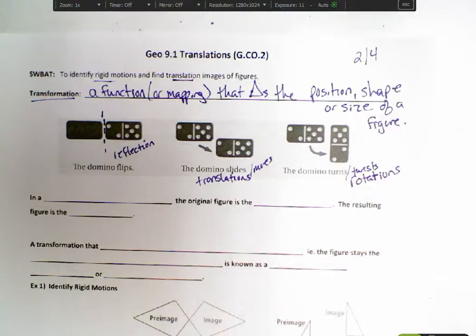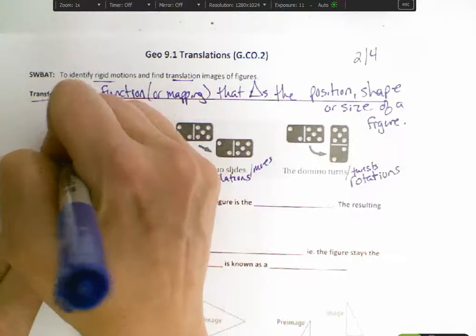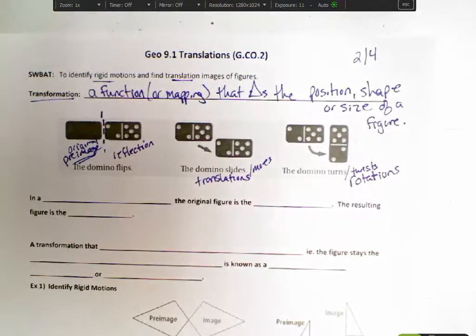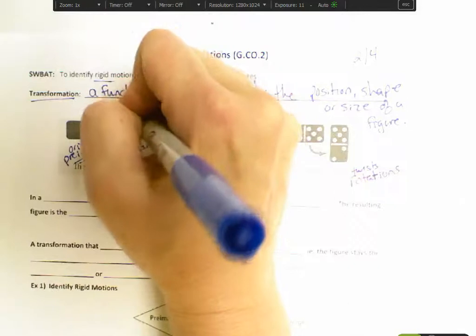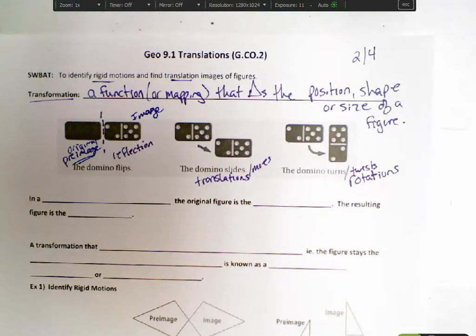All right. When we're talking about transformations, we have to identify the original. So here's what it will look like originally. This is called a pre-image. That's the fancy geometry term for the original position and look of the figure. And then after we do a transformation, we end up with an image. So I think of image after, image after. That's what sticks in my head.